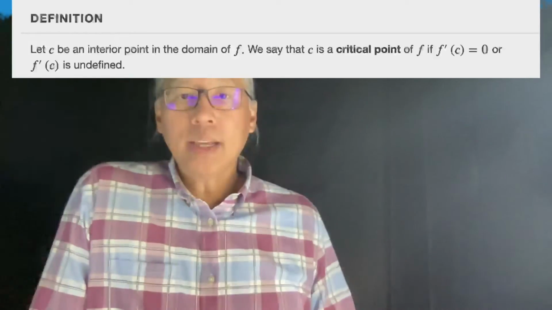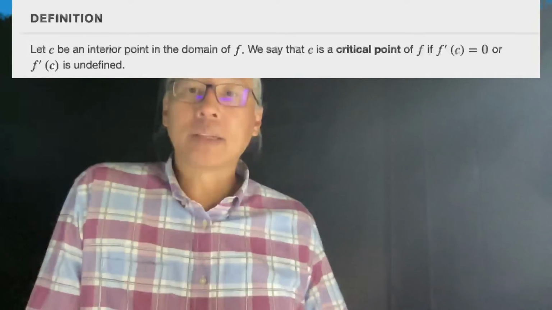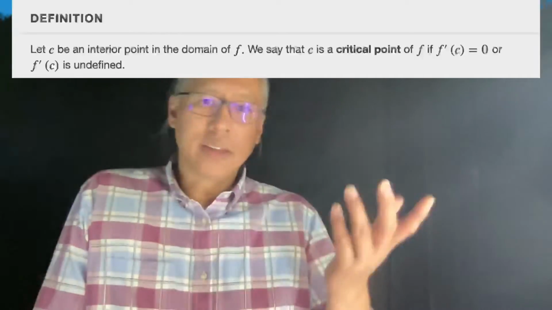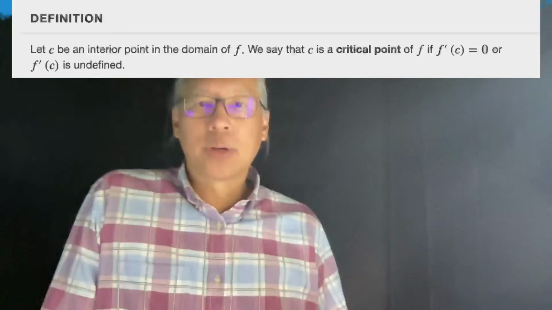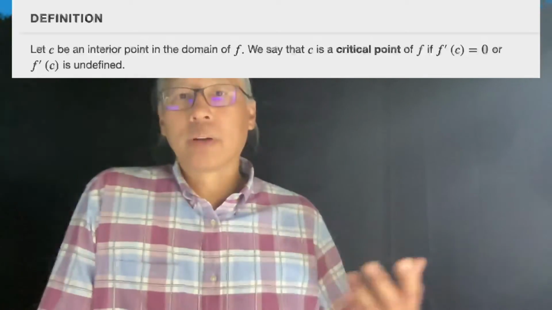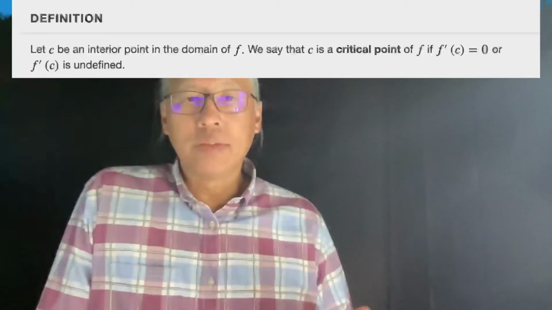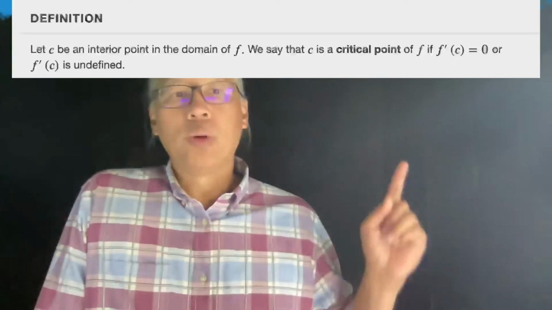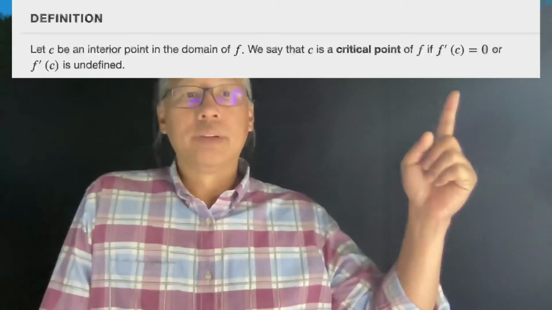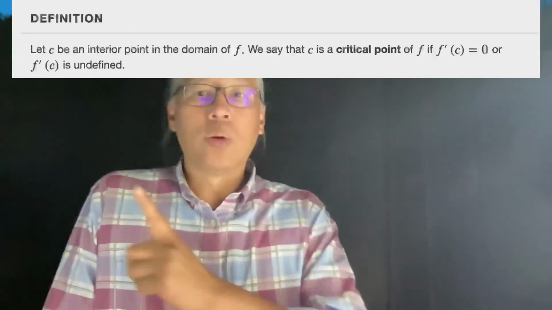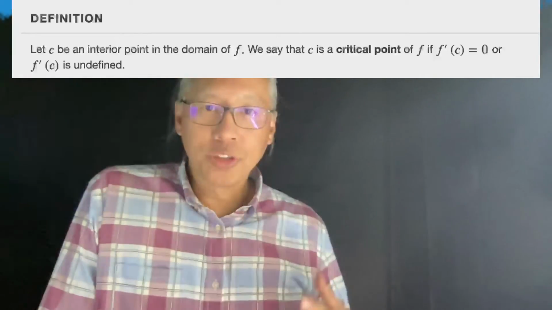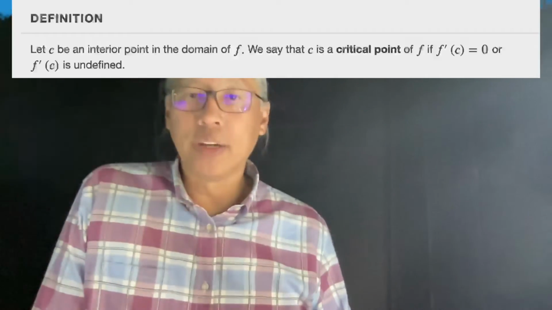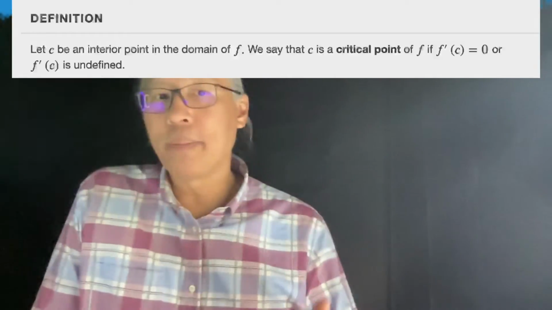So in studying local maximums and local minimums, and also in general maximums and minimums, we're going to define this thing called a critical point. A critical point within the domain of a function is a point where either the derivative is equal to 0 or the derivative is undefined. This undefined portion of the critical point is what a lot of people forget about.